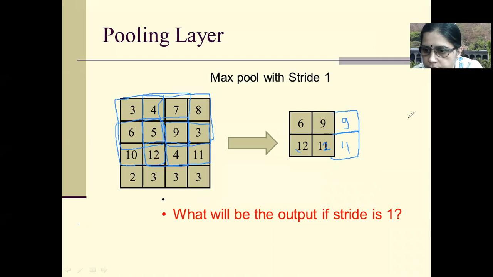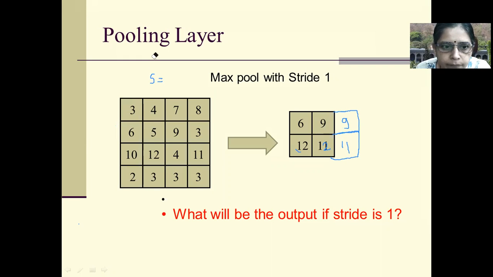Okay, Sharan, you have asked query to repeat it. See here, stride parameter decides by how many columns or how many rows we are scrolling the mask. So we have started with mask position, initial mask position. Then we shift it only by one column.